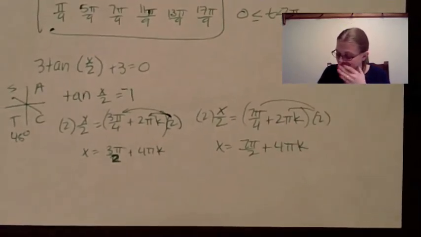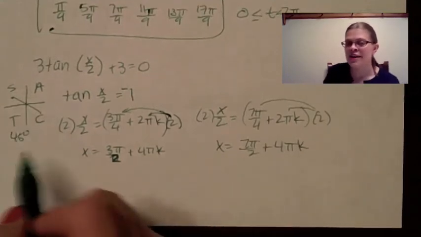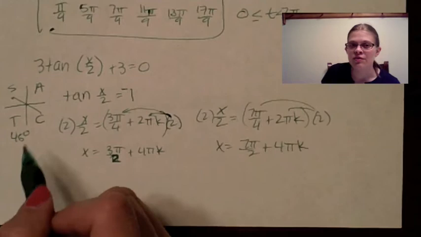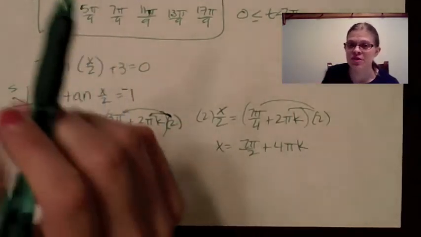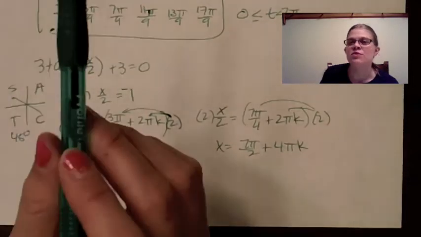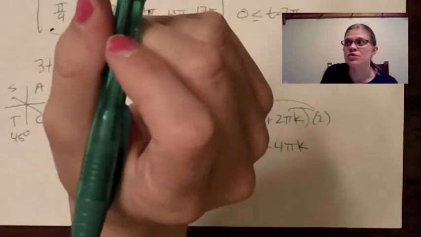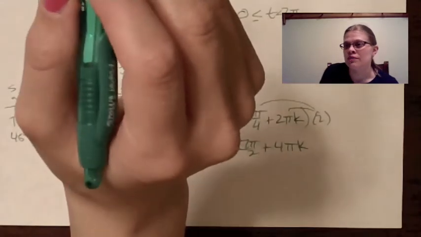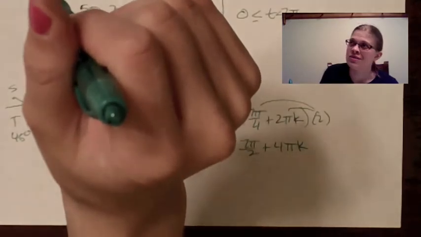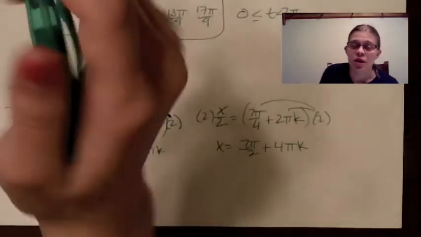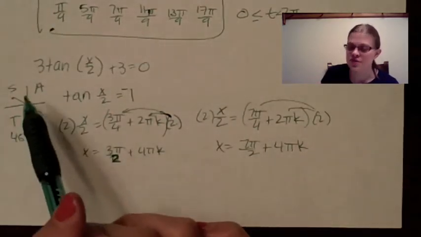Now, the one thing that's nice about tangent, and it only works with tangent, or with some of the ones that you were doing yesterday, like if you took the square root of something, like sine squared equals root 2 over 4, you would end up with the square root as plus or minus, and you would have all 4 quadrants.